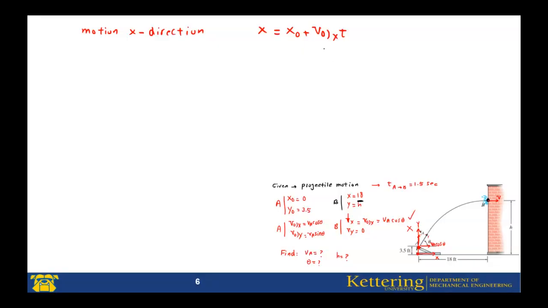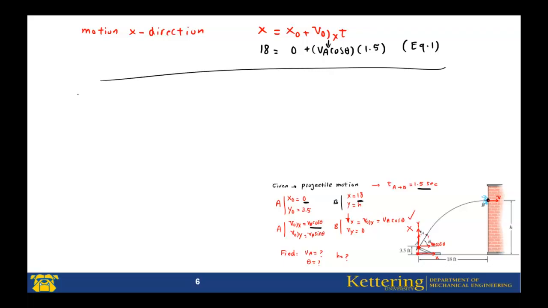I just put in the values that I have. x0 is 0 plus v0x, which is Va cosine theta, times t, which is 1.5. This is equation number 1. Along the x direction, this is the only equation that we can find. That's it.